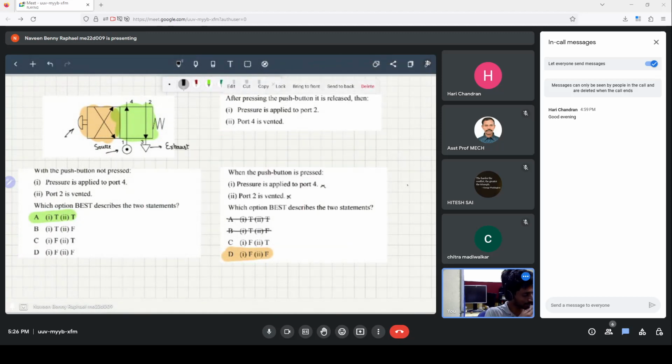So for this old question again, say we now have released the push button. Is this true, or can we check the validity of these statements?